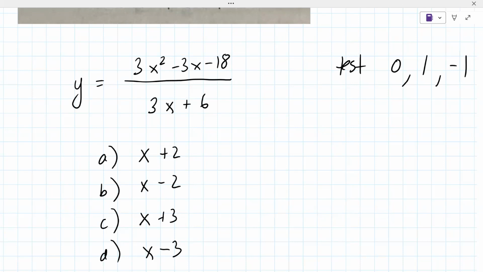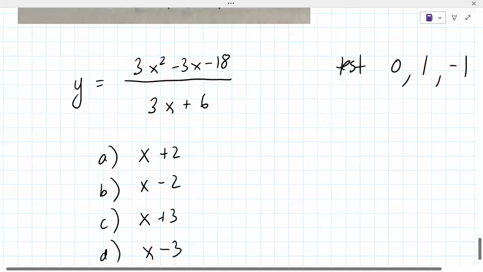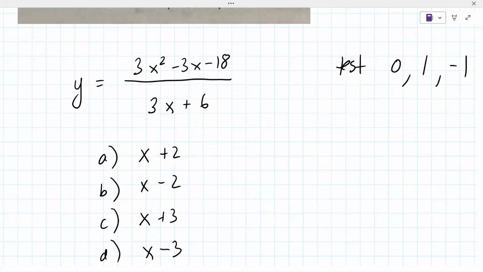So 0 minus 0 minus 18. So the top would be negative 18, and then over 6.